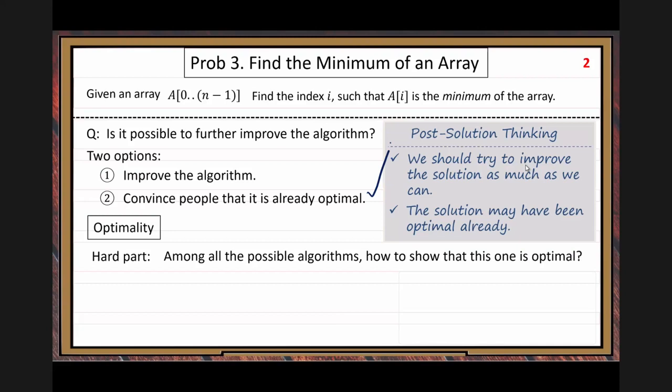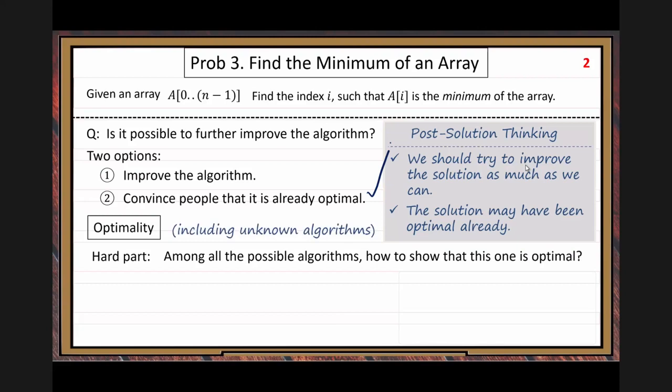We need to consider all possible such algorithms, to show that this one is optimal among all other possible algorithms solving the same problem. Is that hard?